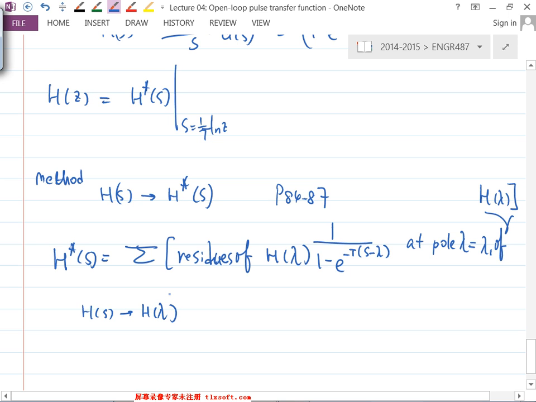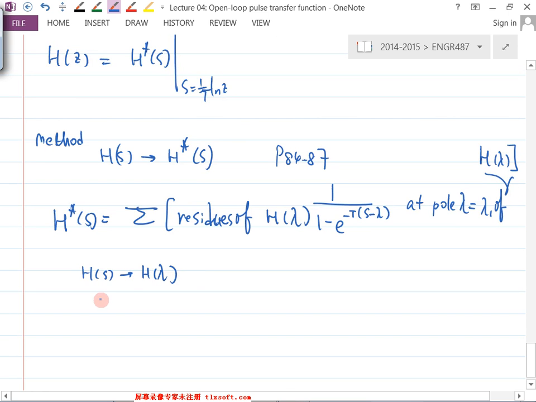Then you multiply this h of lambda with this term. Let me give you an example here. Let's just use a simple one. Suppose that this is my h of s. So first step, we change that to lambda.